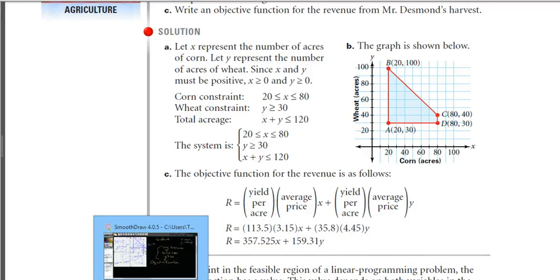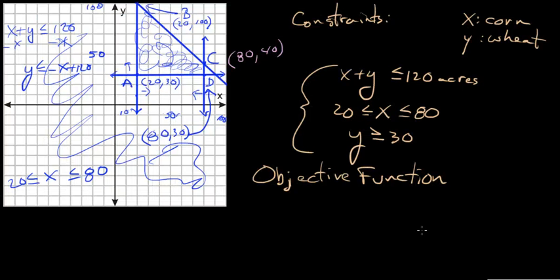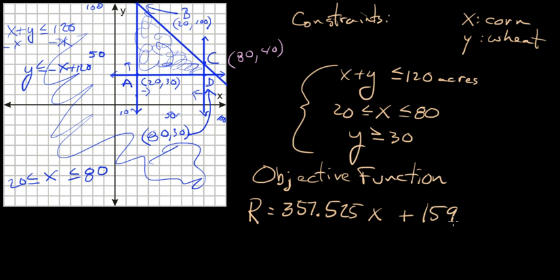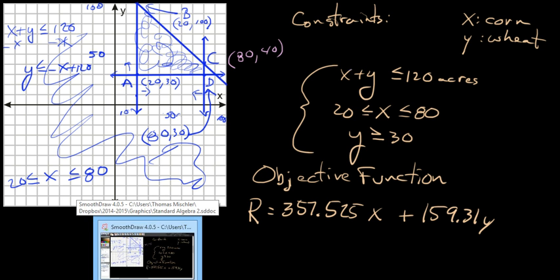And so let's go back to our workspace here. So what we have is the revenue that he's going to earn is 357.525 times x plus 159.31 times y.